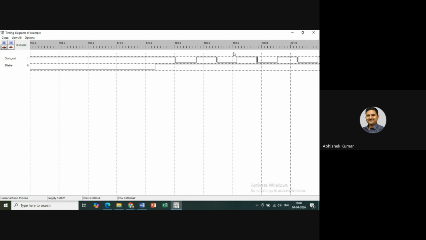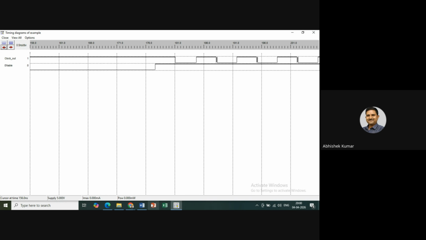So 181 minus 188.5, around 7.5 nanoseconds. If my total propagation delay becomes 7.5 nanoseconds, you can measure the frequency. 7.5 nanoseconds is going to make 0.133 gigahertz, which means around 133 megahertz.